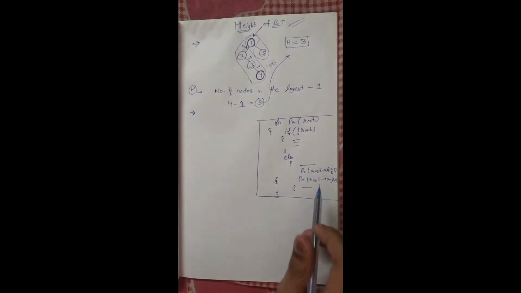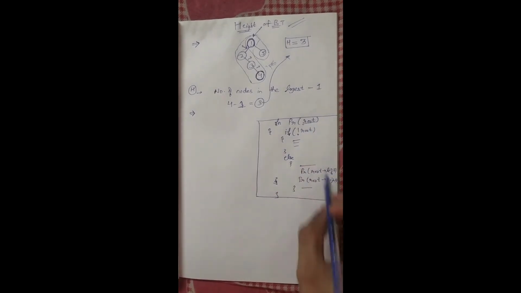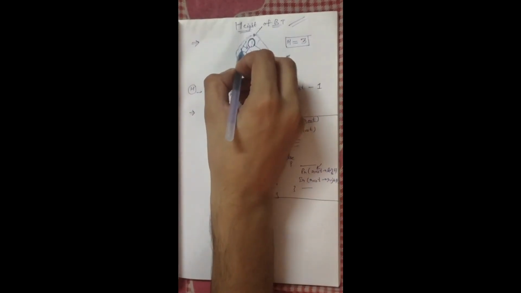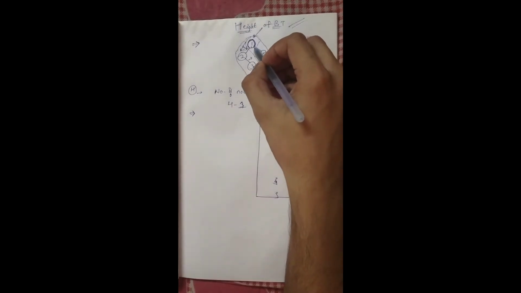So what I am doing is, you come to the root. Okay, first you will head to the left, then to the right. Now we have to keep track of the number of nodes of each branch.